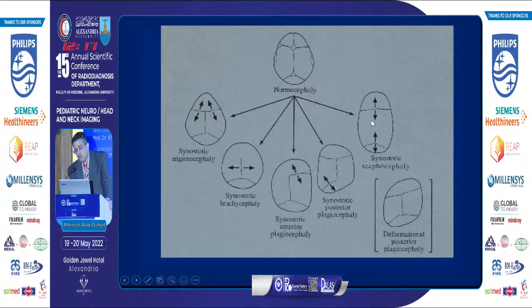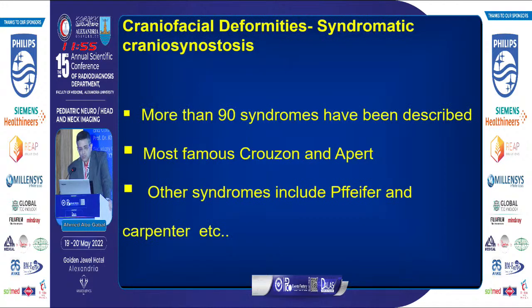When there is synostosis of the sagittal suture, there is elongation of the skull, what we call scaphocephaly. When there is synostosis of the coronal sutures, there is brachycephaly or oxycephaly because the skull grows in the side-to-side dimension. And of course, as I said, sometimes the plagiocephaly is not due to synostosis, it's only deformational without synostosis.